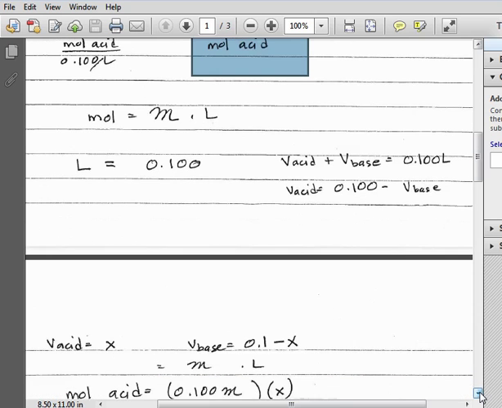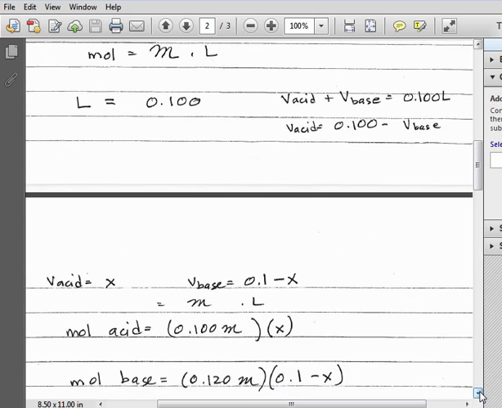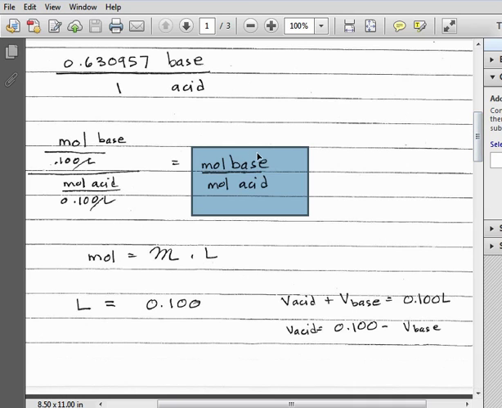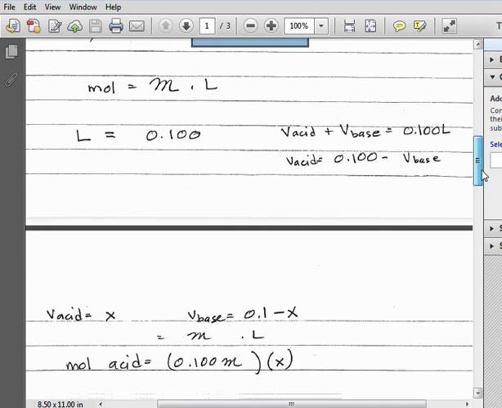All right, so let's look forward. Again, I'm trying to get a mole of base to mole of acid ratio of 0.630957 to 1. So I look back at what I have.